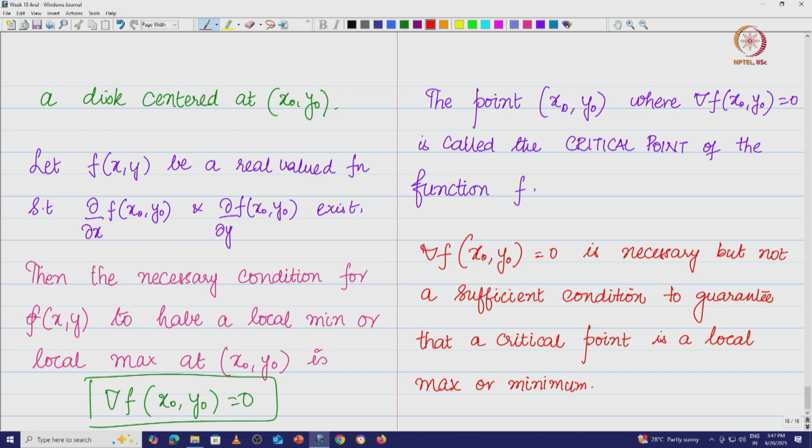This is what we have seen even in the single variable case, where it does not guarantee you a local maxima or a minimum.